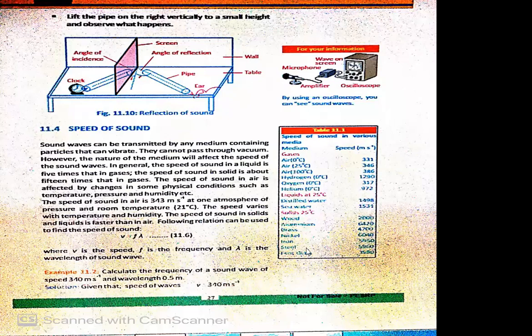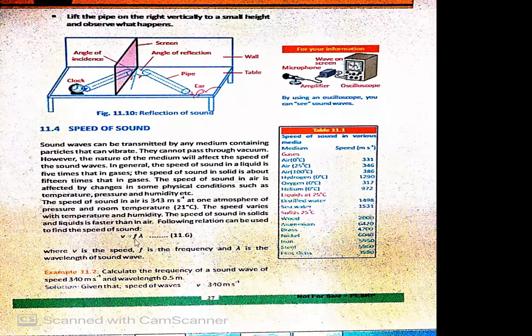So we can find the speed of sound with the formula v is equal to f lambda, where v is the speed, f is the frequency, the number of cycles per second, and lambda is the wavelength of the sound.